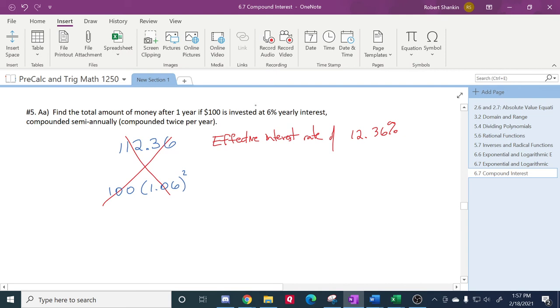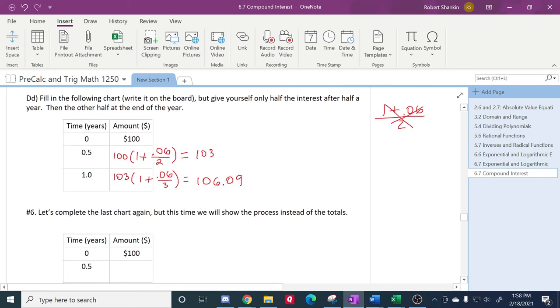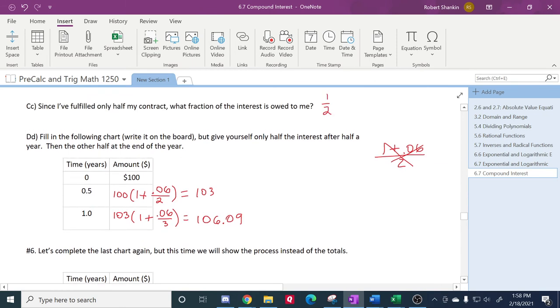And if banks were compounding interest and doing it like this, they'd quickly go out of business. They'd be giving away too much money to everybody who invested in them. This, when they compound it the way they actually do it, for compounding it semi-annually, is an effective interest rate of 6.09%.